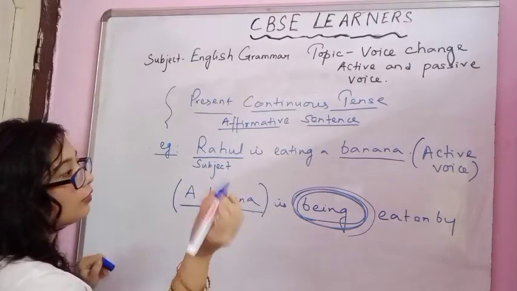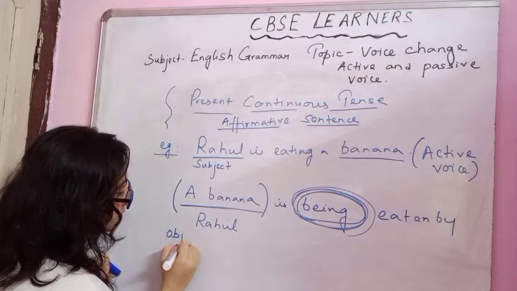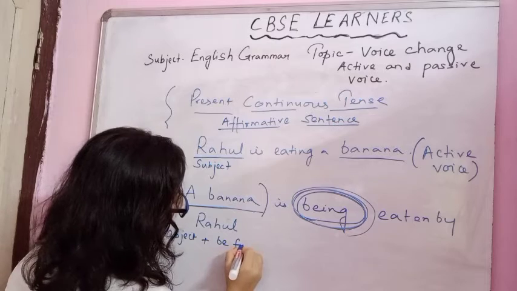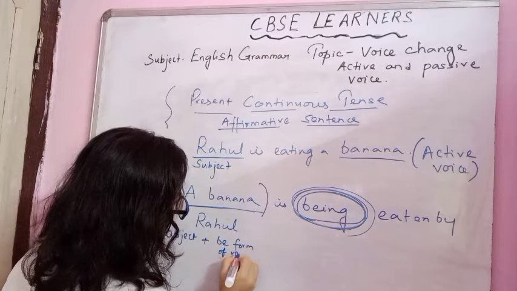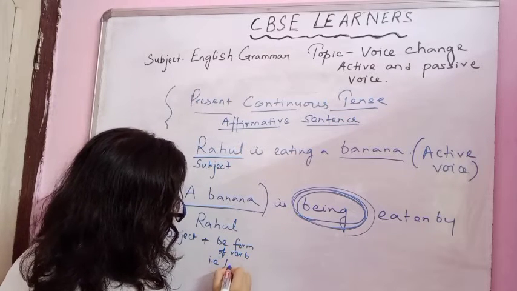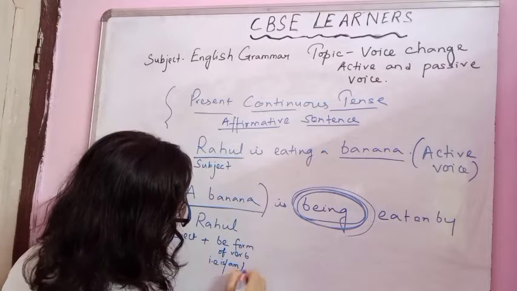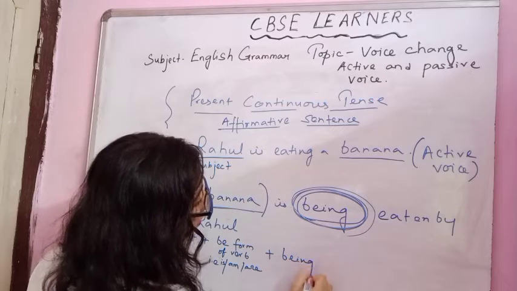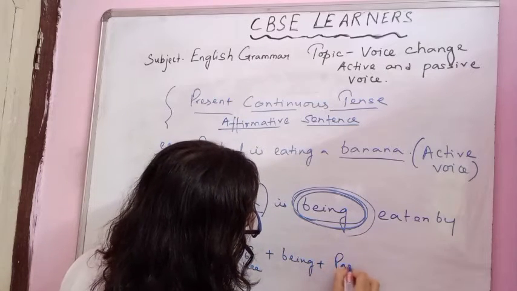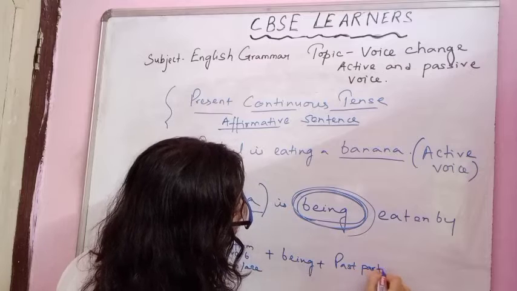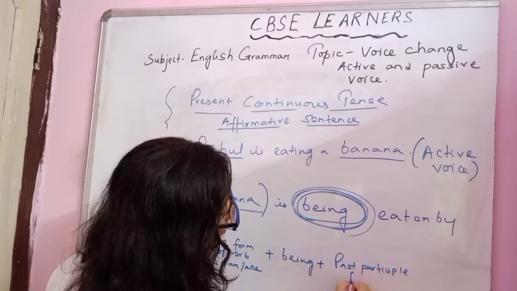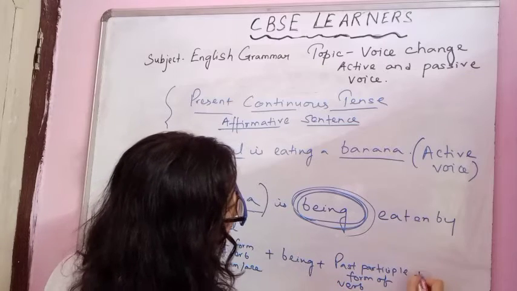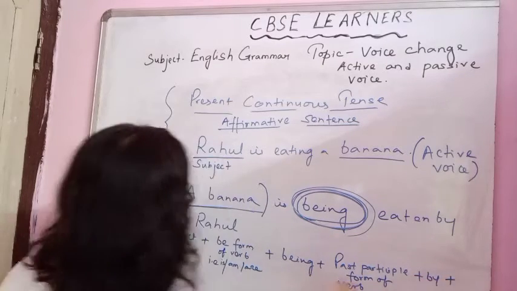First the thing that will come is object, plus be form of verb, that is, is, am or are, plus being, plus past participle form of verb, plus by plus subject.